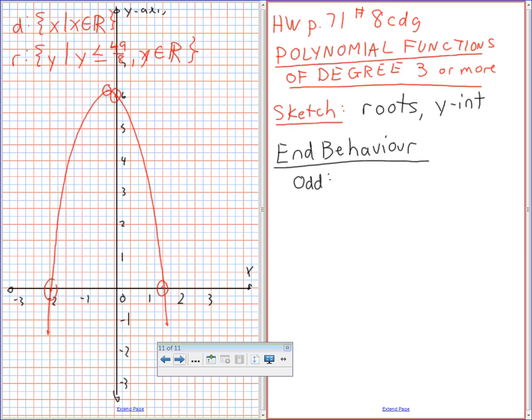Just the leading term is all we care about, right? So let's say it's x^9 plus x^8 plus x^6 plus x^4 plus x squared. There's a lot of evens in there, but it's still going to be odd. So the leading degree is odd.